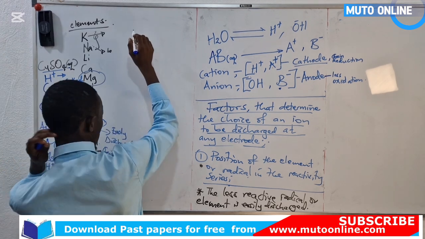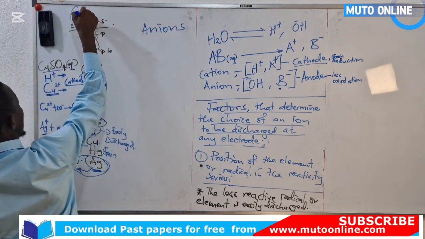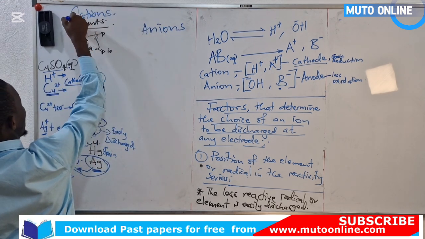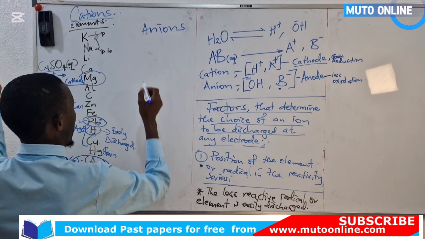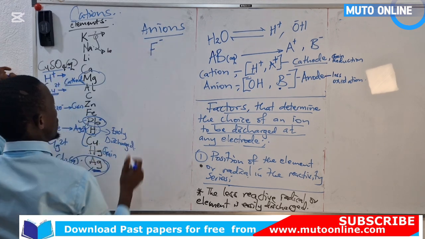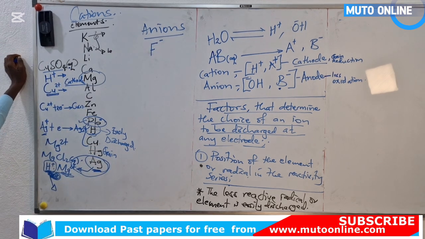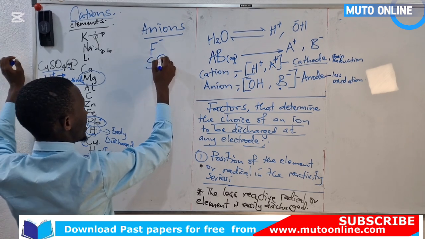And then for the anions, this was for the cations, the reactivity series, I think we now know it very well. For the anions, fluorine is always the most reactive. Sulfate coming next.